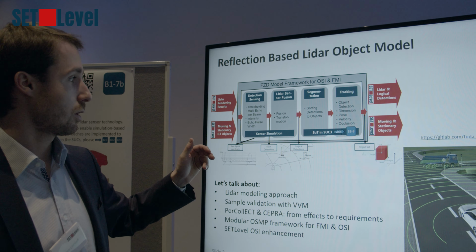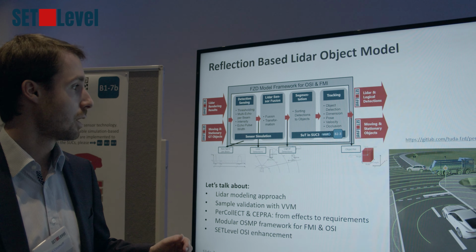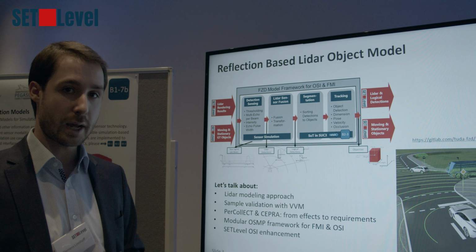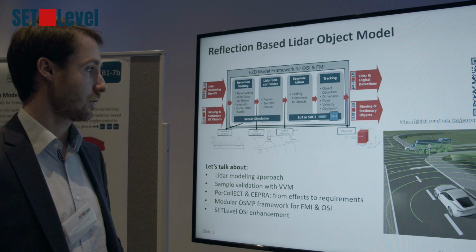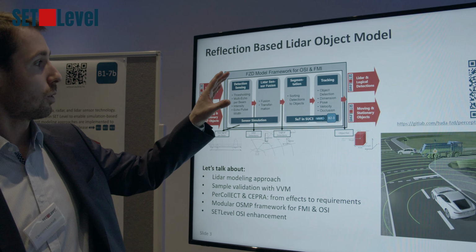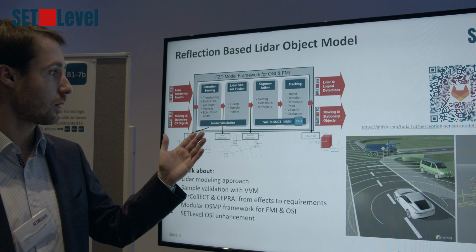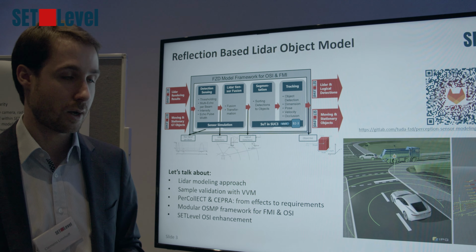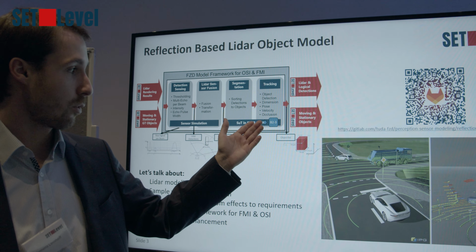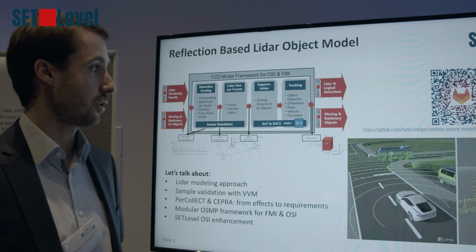So we do thresholding, we're capable of calculating multiple echoes per beam. We can calculate intensities, echo pulse width, all depending on the sensor that's simulated. We transform it to object coordinates, so to ego vehicle coordinates. And then we also have a tracking simulation. I would refer you to the booth B2-3, where this is explained in a little more detail.